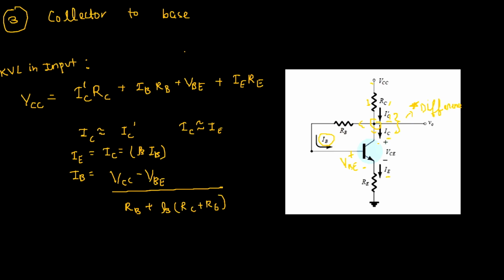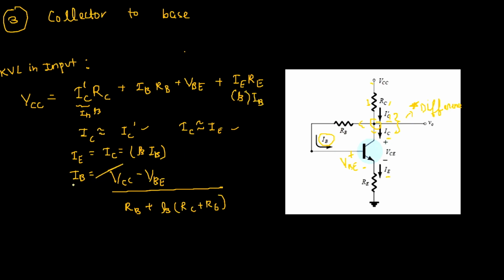Just for the simplification of our calculation, we take these assumptions, which help us get a decently approximate value. So because of this, we can take IE is equal to IC is equal to beta into IB. So we replace IC dash with beta into IB, and we replace IE as well with beta into IB.